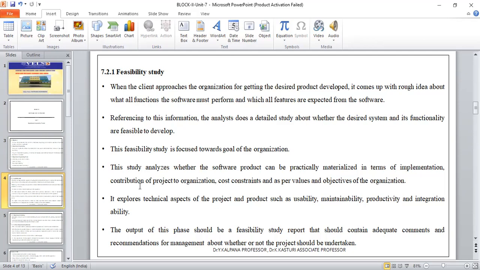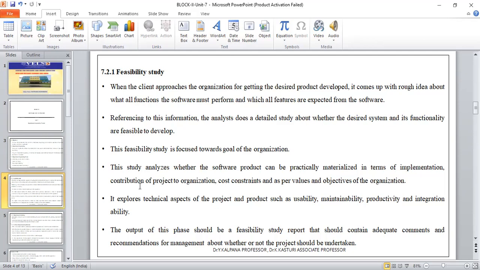Therefore, technical feasibility will be checked by usability, the ability to use and maintain, how many users are going to use that particular product, levels of users, maintaining the software after deployment, and productivity: how they are going to produce the software within the time limit and the cost budget, what technical structures they need, and the ability to integrate all the things.